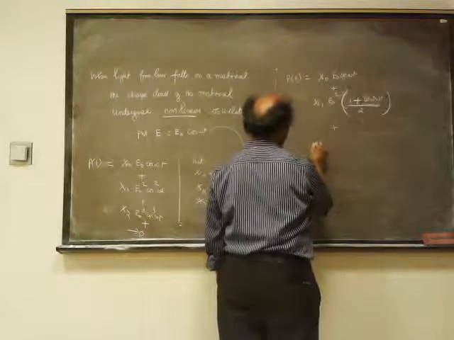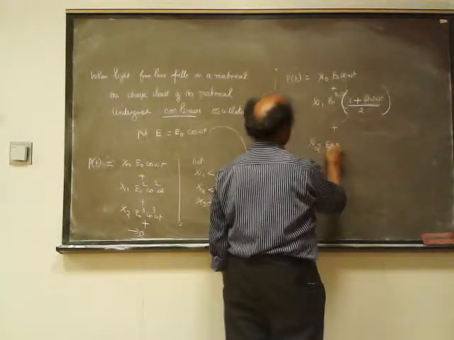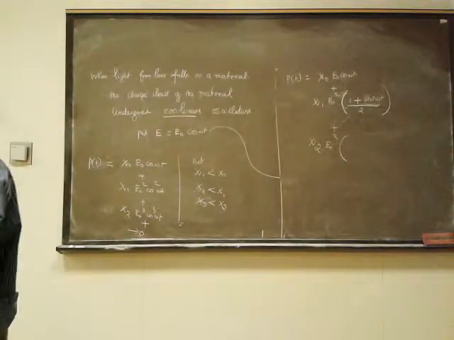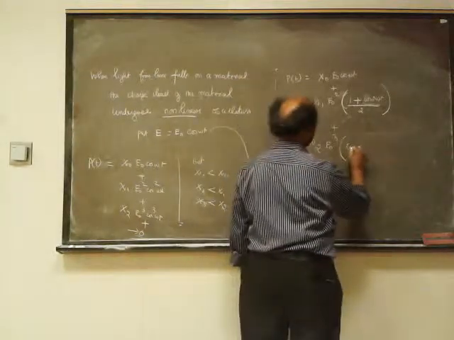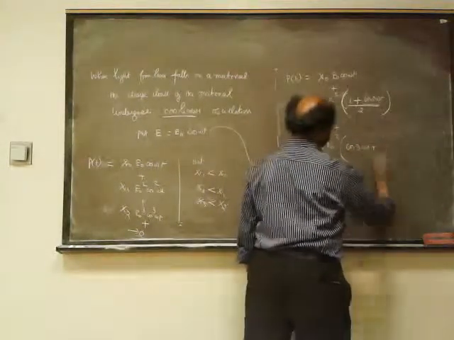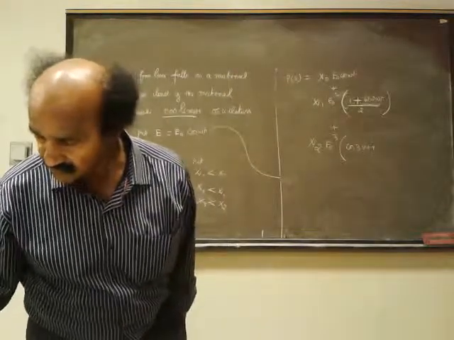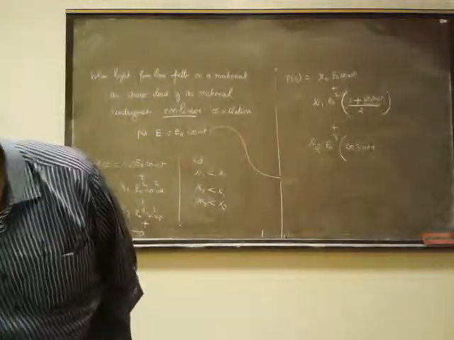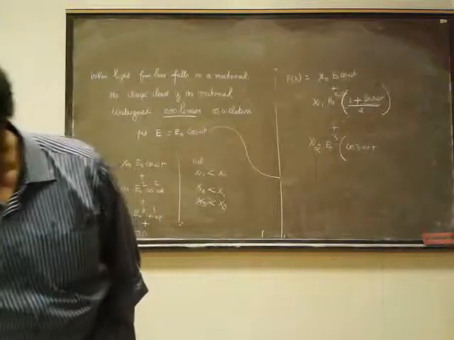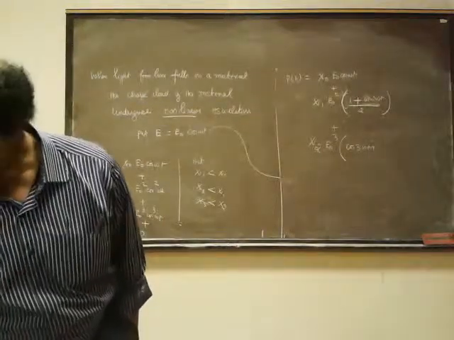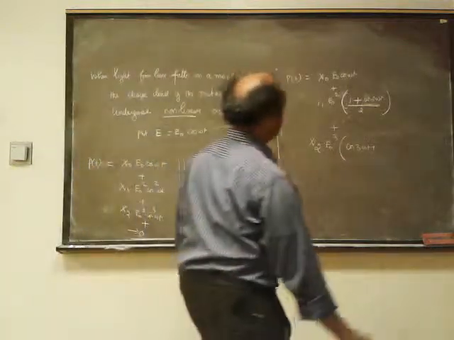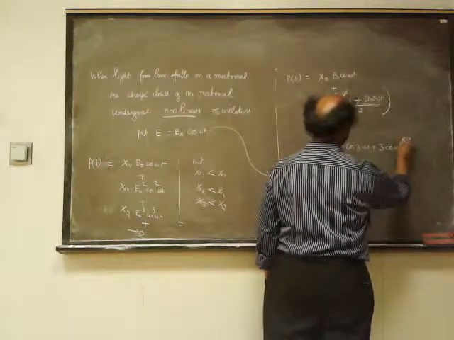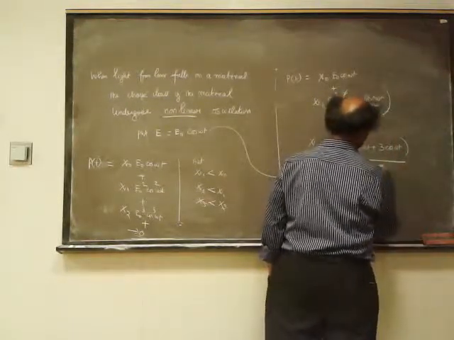Plus chi 2 E naught cube. Then you have cos cube omega t, which is cos 3 omega t plus 3 cos omega t over 4.